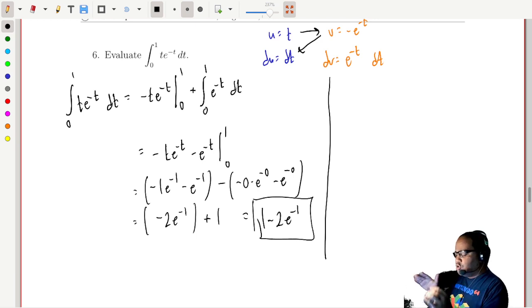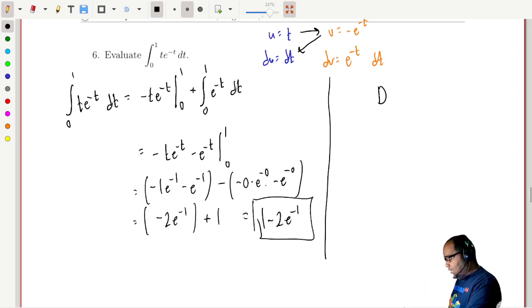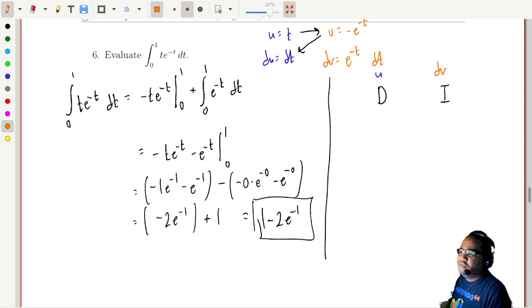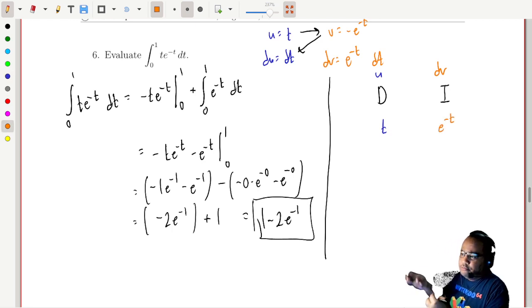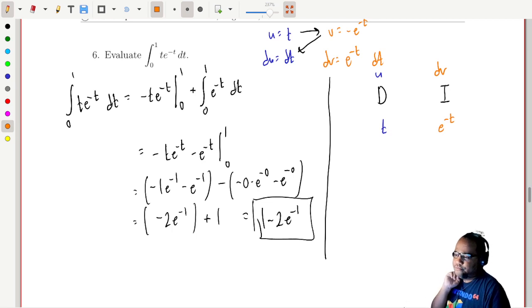So we're going to set up two columns here. I have a D column and an I column. The D column will correspond to my choices of u, and my I column will correspond to my choices of dv. So here I chose u to be t and dv to be e to the minus t dt, but I'm going to leave off the differential here.